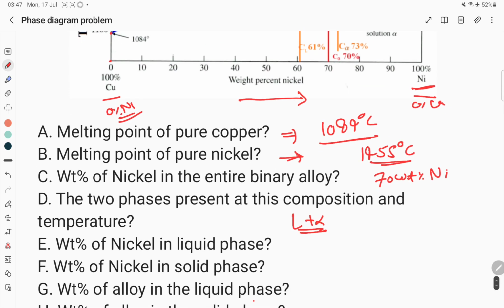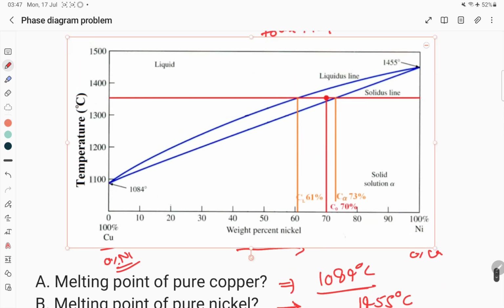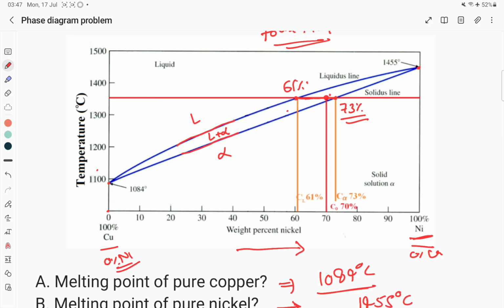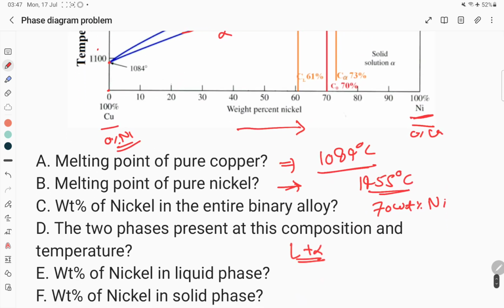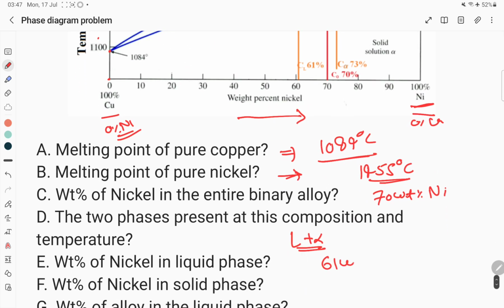So the weight percent of nickel in the liquid phase, read at the liquidus line, is 61 weight percent, while in the solid it is 73 weight percent of nickel.